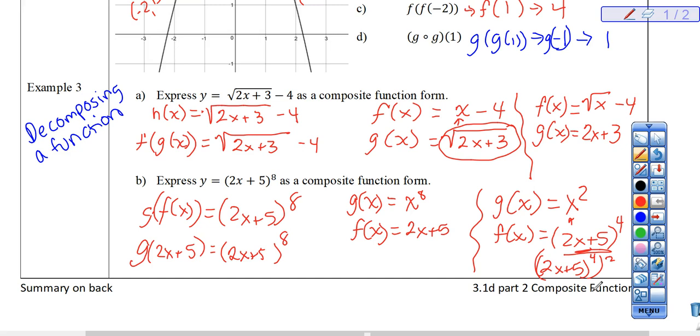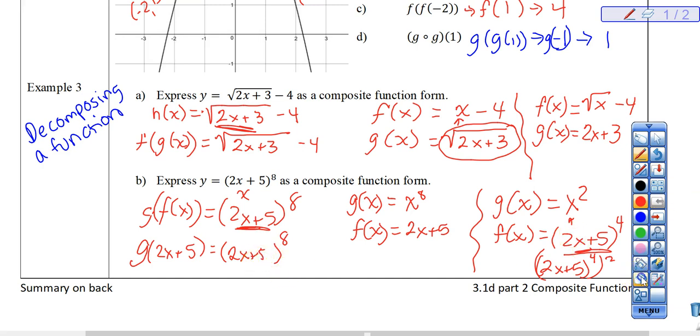And so there's a number of ways that you can look at it, but let's just go back quickly here and see how we deconstructed this full-on completed composition into these two. Anytime I see a grouping symbol like a square root or parentheses, for my first function, I will replace what's in my group with x, and I will take what's inside my group and make it my other function.